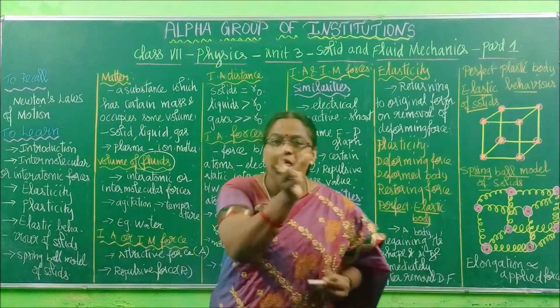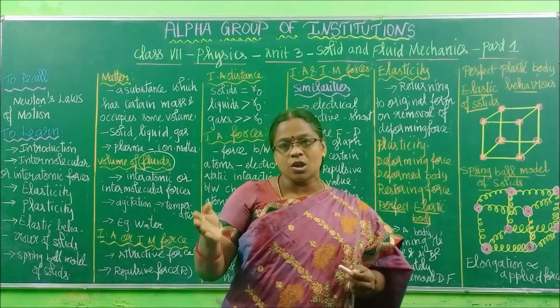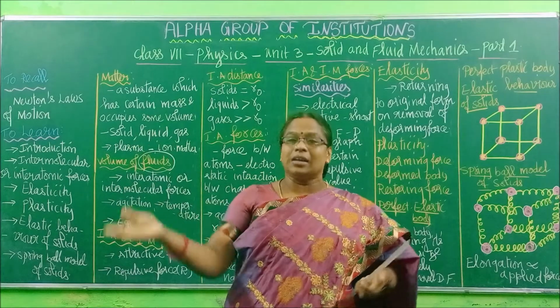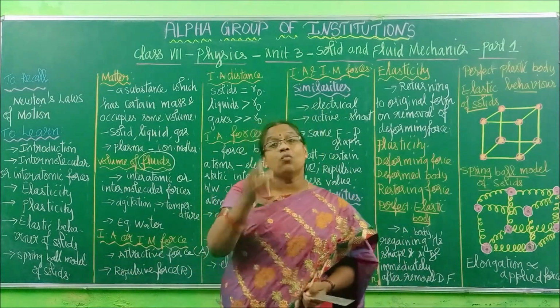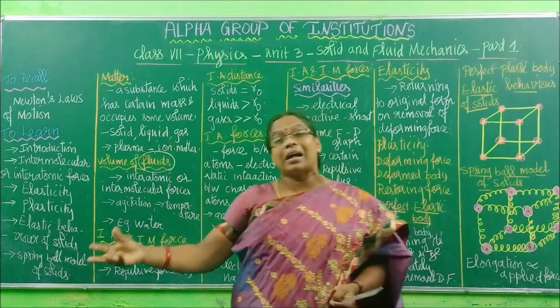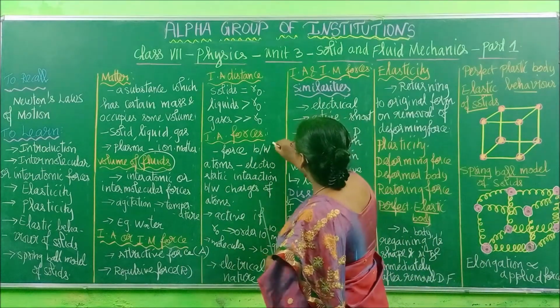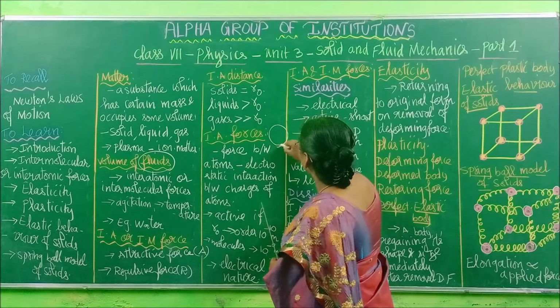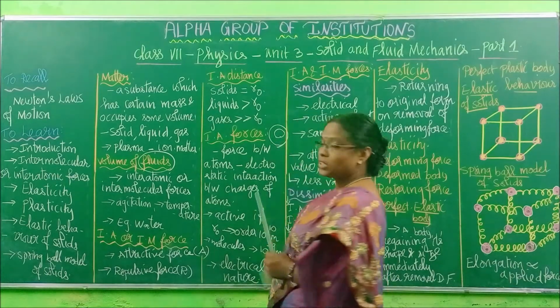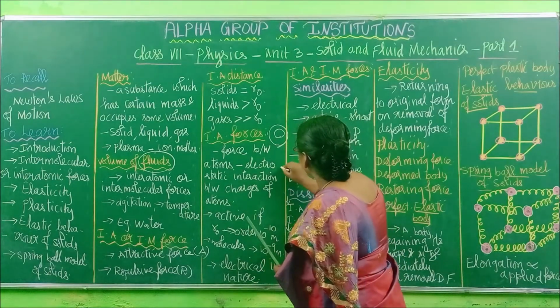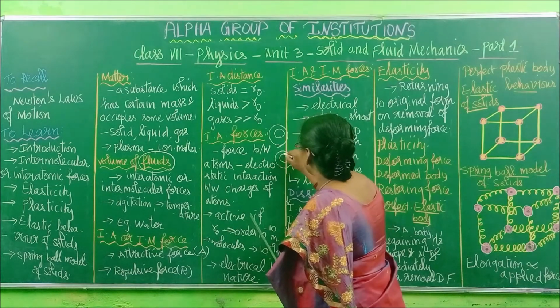So that force between the atoms, one atom to the other atom, nucleus of one atom to the nucleus of the other atom. For example, I will tell you children, if this is your atom, the central part is called the nucleus. Like this, another atom will be there, another nucleus will be there.